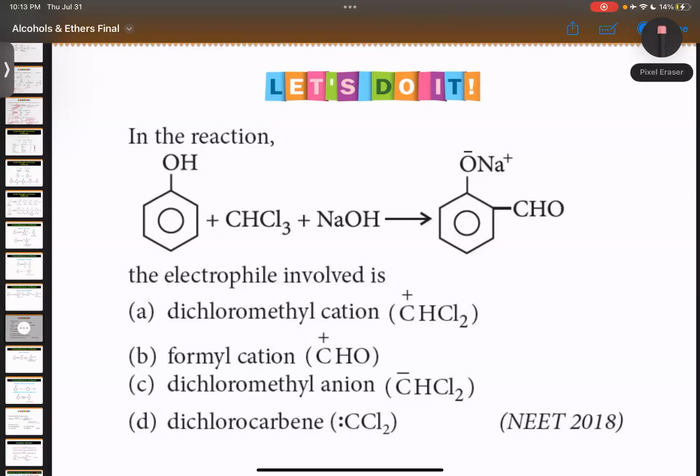It starts from R. Reimer-Tiemann, right? Got it? So I hope this is clear to you. Okay, but the name is very important. This is formylation of phenol. Okay. That is attachment of a CHO group on the benzene of phenols, right?